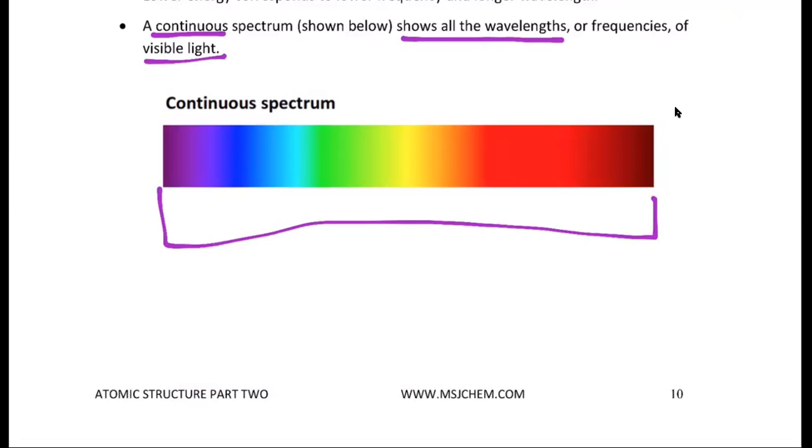And so if you don't remember from elementary school, learning your colors of light, you have red, you have orange, you have yellow. So we got red, orange, yellow, we got green, and then we have blue.